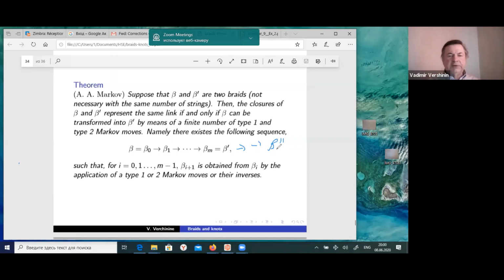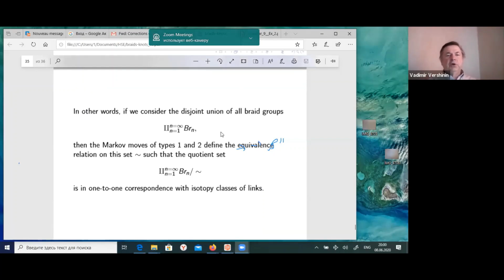We constructed this object, an equivalence relation, and this is the set of equivalence classes in the disjoint union of all braids.